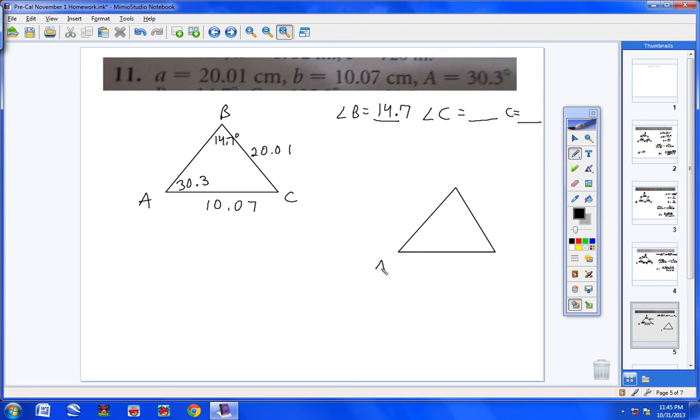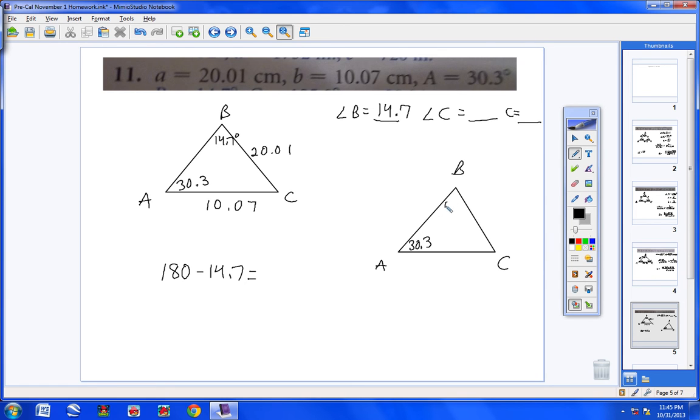So we have A, B, C, and the other angle they gave us was 30.3. Okay? Now here's what we do. Remember, we take the angle we just found and we subtract it from 180. So 180 minus 14.7 would be 165.3.